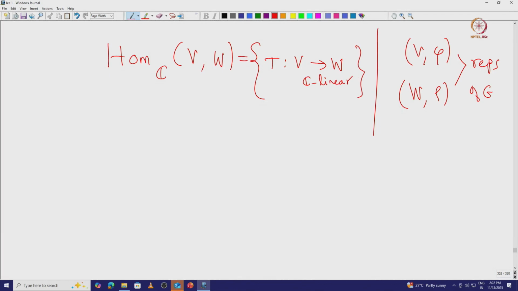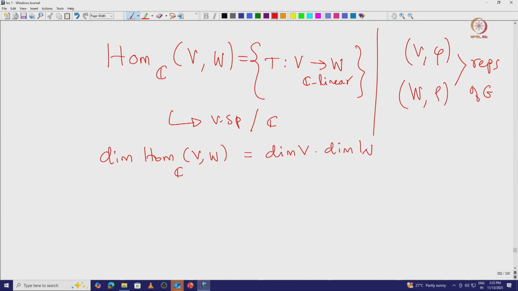So, this is a vector space over C and the dimension of this space is indeed the product of the dimensions. So, this is exactly equal to the dimension of V times the dimension of W. So, this product formula already suggests that there should be some close relationship between the hom space and the tensor product.